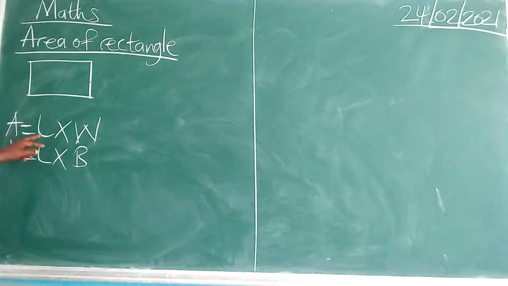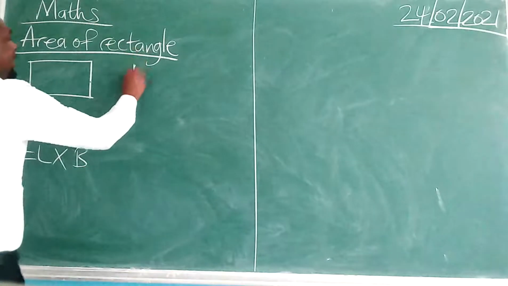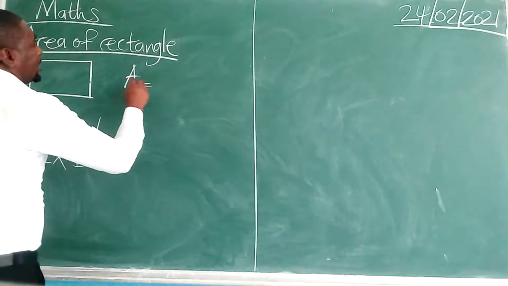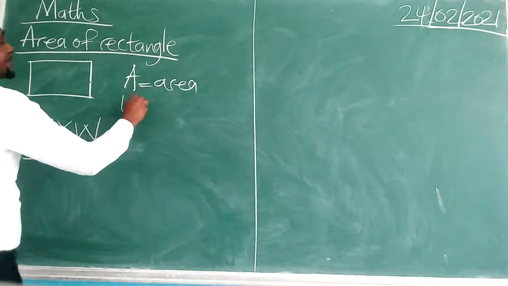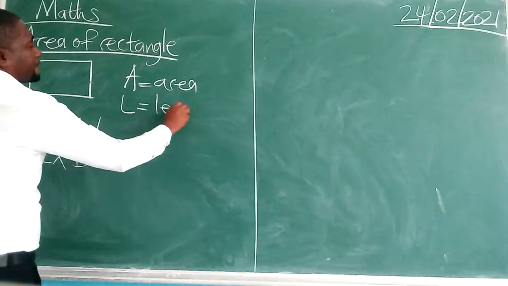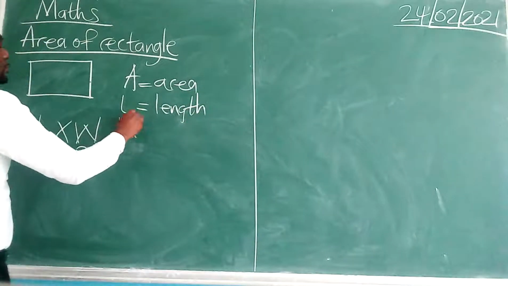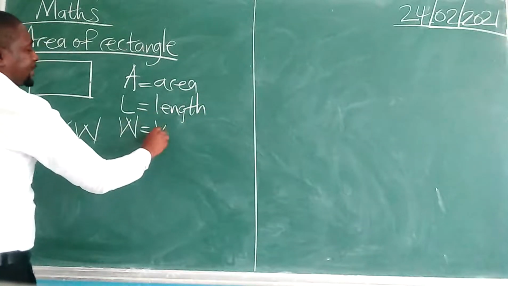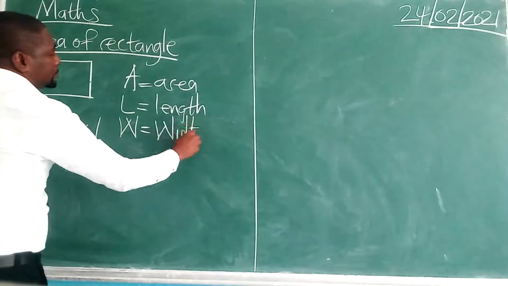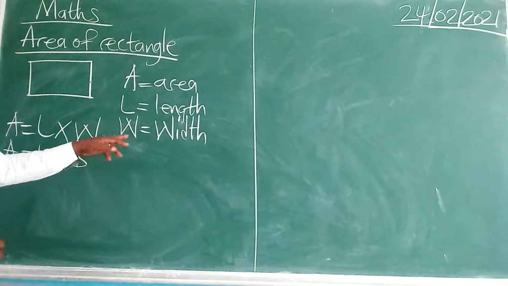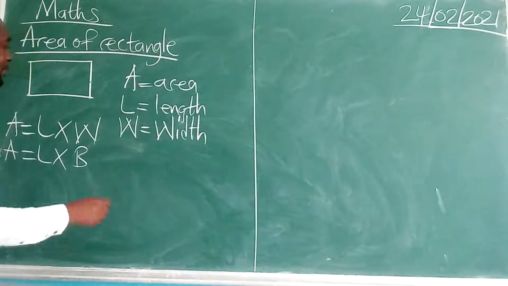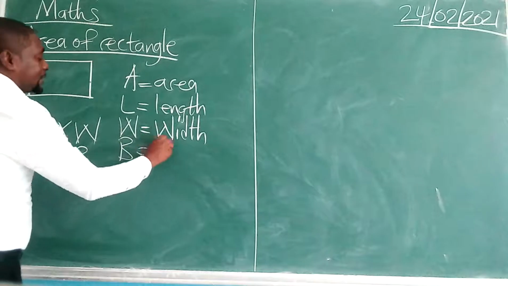The A stands for area, the L stands for length, and the W stands for width. The width is also known as breadth, so the B is the breadth.